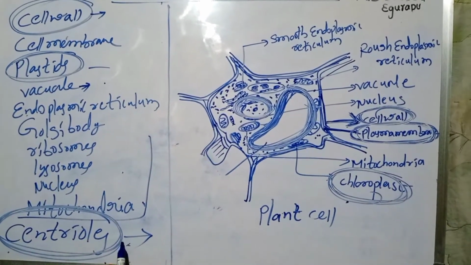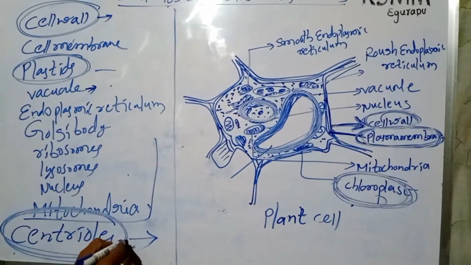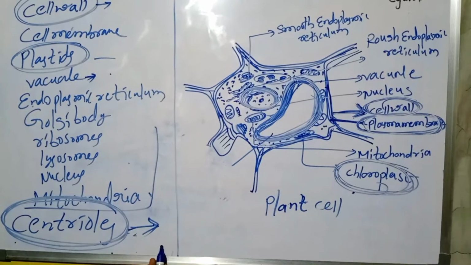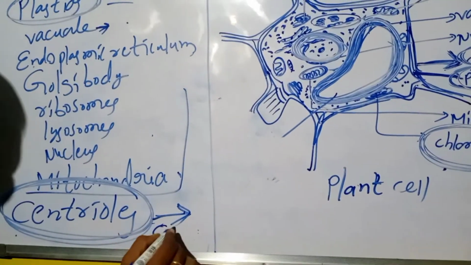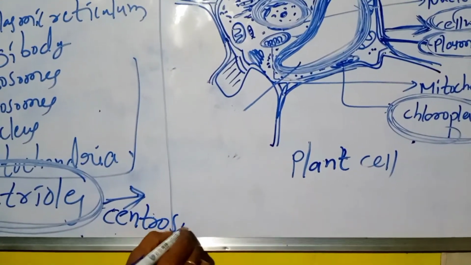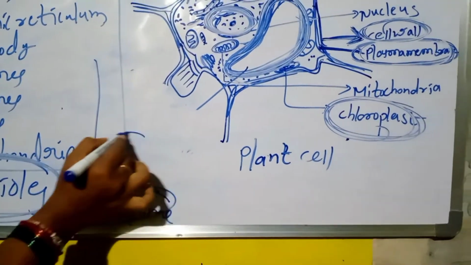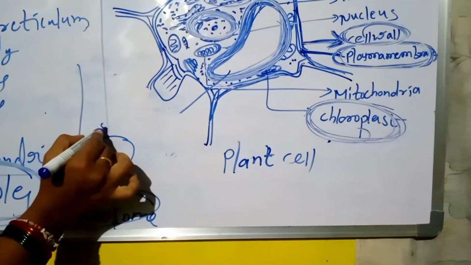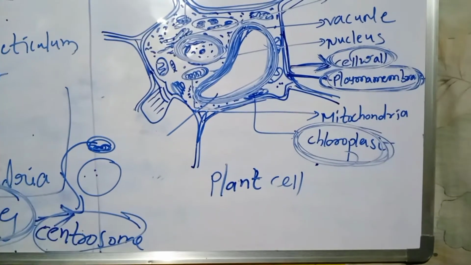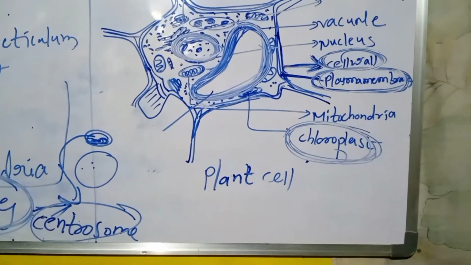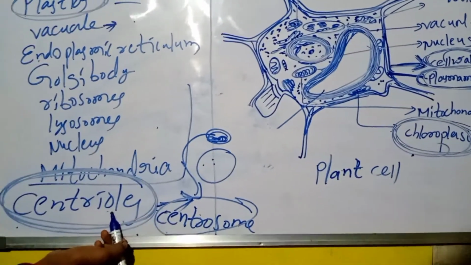In animal cells, two centrioles are present usually on the top of the nucleus. Together they are called centrosome.